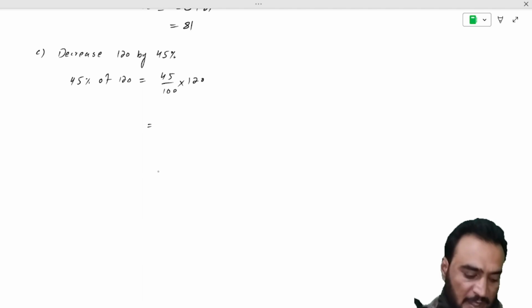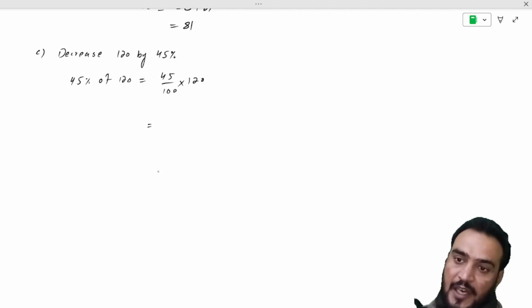If we multiply 45 by 120, we get 5400 divided by 100. So the answer will be 54.